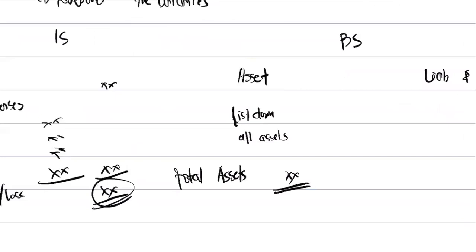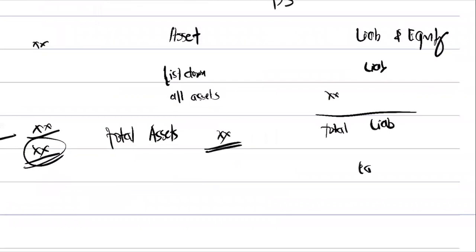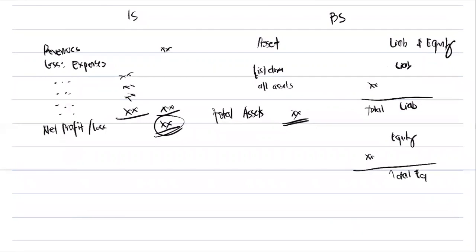And then you also list down the liabilities and equity in this portion. So liabilities first, and then we have your total liabilities. And then we have your equity, tapos total equity. Tapos ilalagay mo dito total liabilities and equity.